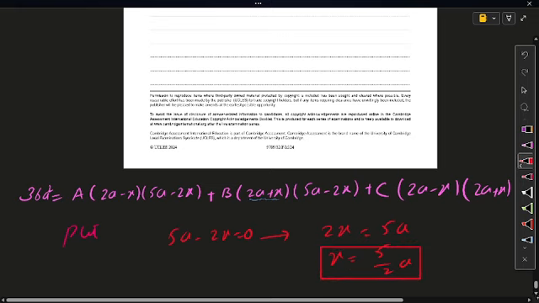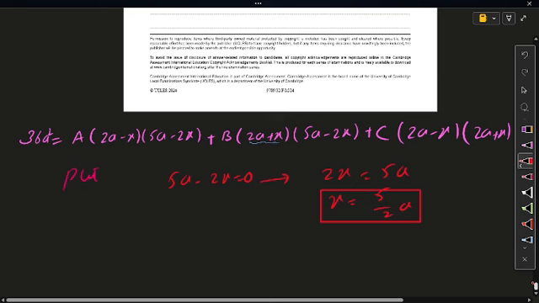If I am putting x is equals to 5 by 2a in equation number 1, that was my equation number 1 now. See what happens.